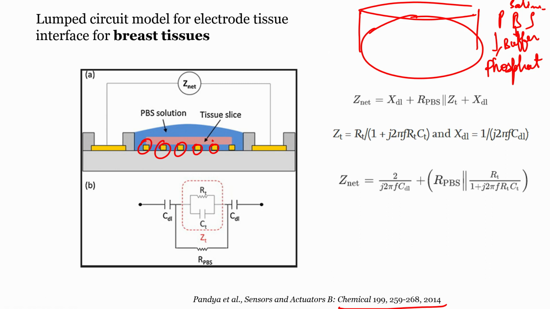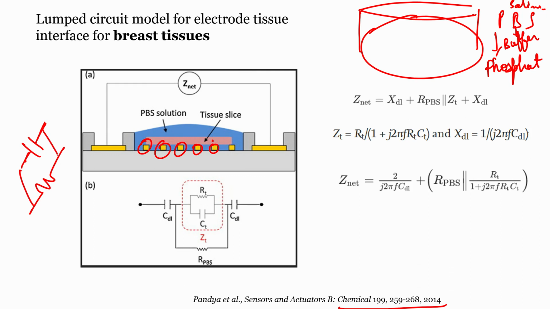Now you have been taught how to model a tissue slice, like it will have a conductive component constituted by extracellular, intracellular matrix, and how a lipid layer can be modeled in terms of a capacitor, and the extracellular membrane by a resistor, and the combination of both of them by a resistor and a capacitor.